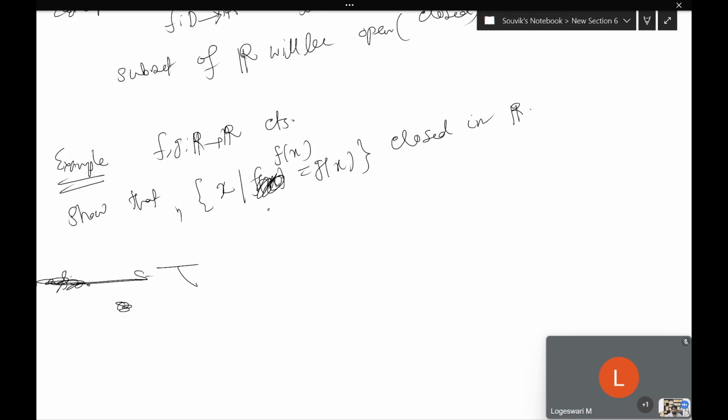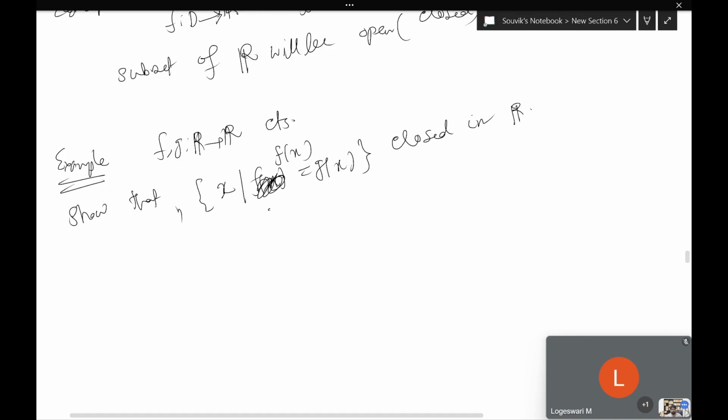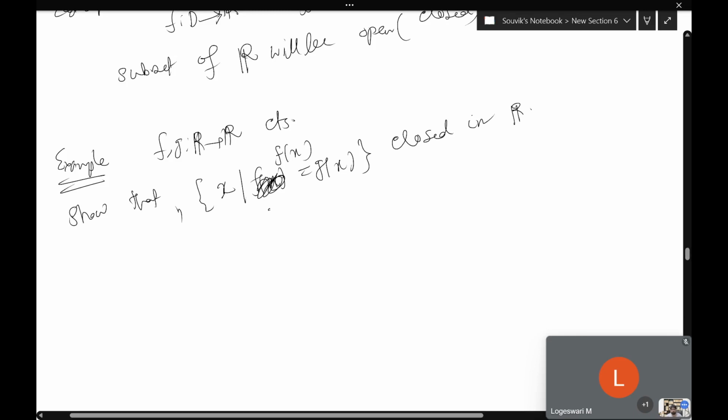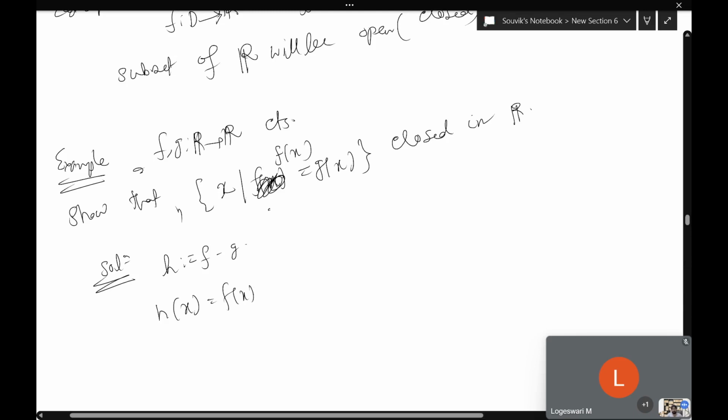So choose h to be f minus g. Okay. So then h(x) equals f(x) minus g(x).